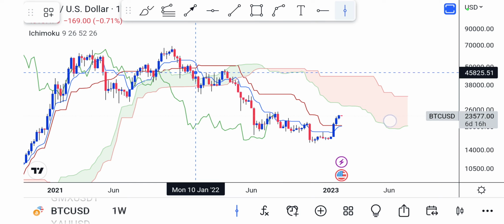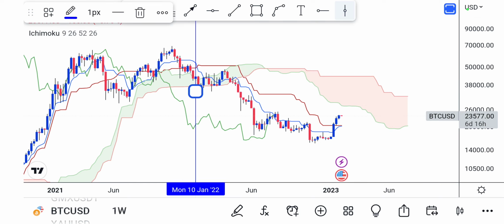Now since January 2022, where we had the bearish TK cross here, you can see how price has continued to stay below the cloud and below the two lines, which are the Kijun-sen and the Tenkan-sen.